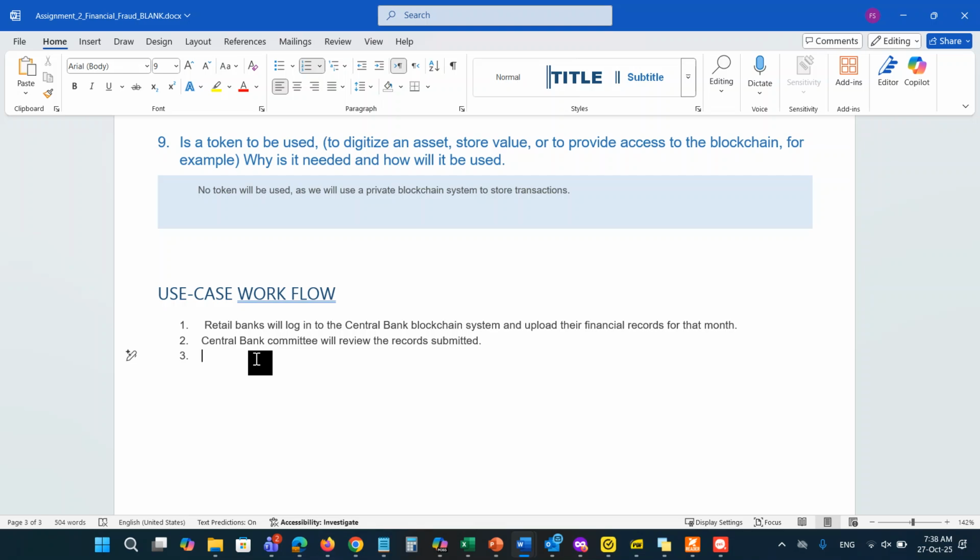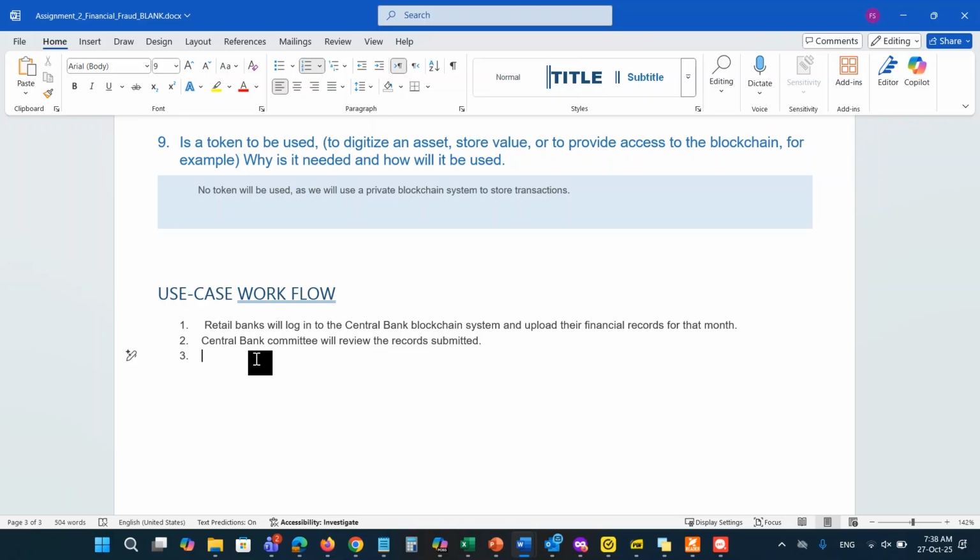Now the central bank, when they review those financial statements, is going to ask the bank, how come last month in October your fixed deposits was 10 million, but now in November it's 35 million? Where did this extra money come from? Open an investigation, check. We need to find out what happened. Why is there such a massive increase of over 25 million in 1 month alone in fixed deposits?